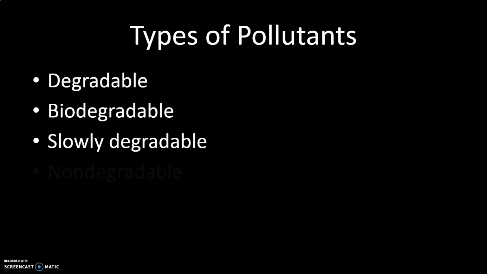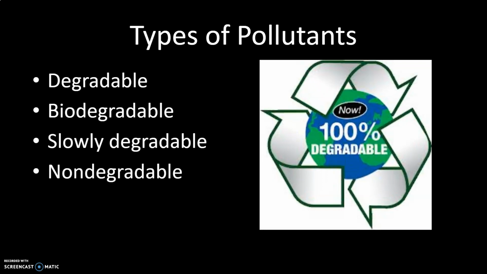Pollution. There's a couple different categories of pollution that we will mention here. You have things that are degradable, and in this particular category, we're looking at something that's broken down either by weather or sunlight, so UV rays can break things down naturally. Some things are designed so that UV rays, a high energy ray, can break things down to smaller particles.